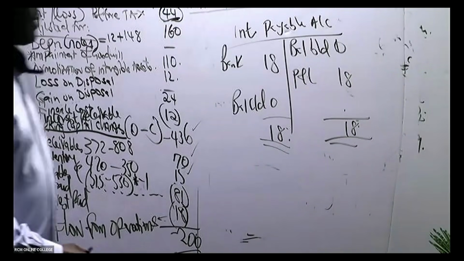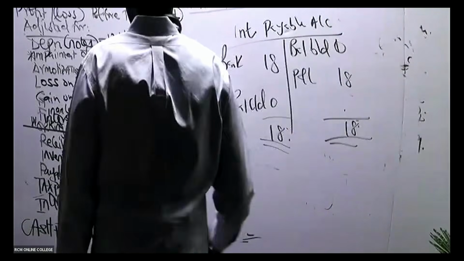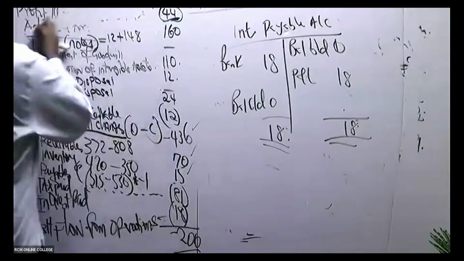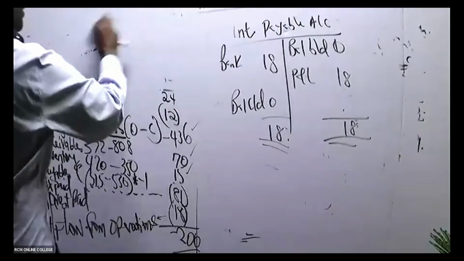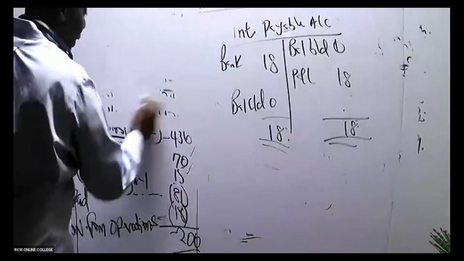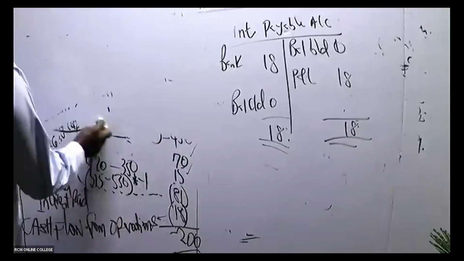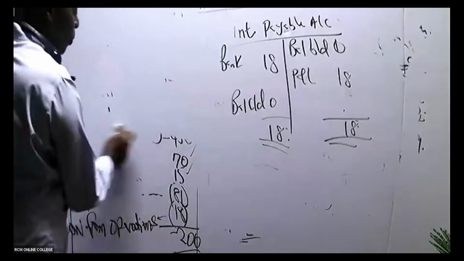So you will not be able to rub your board. For my case, I must rub my board because my board is very, very small. Now I'm left with very, very few areas. Which areas am I left with? Remember, if it's a cash flow statement, we normally have 3 sections. The first section is always operational.